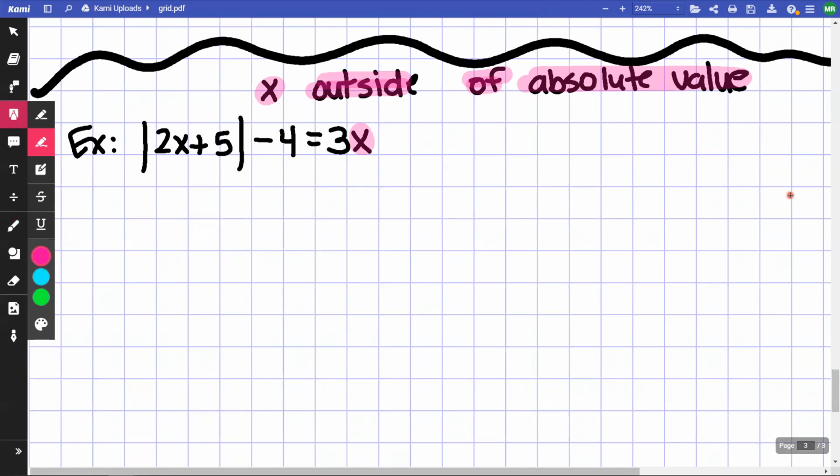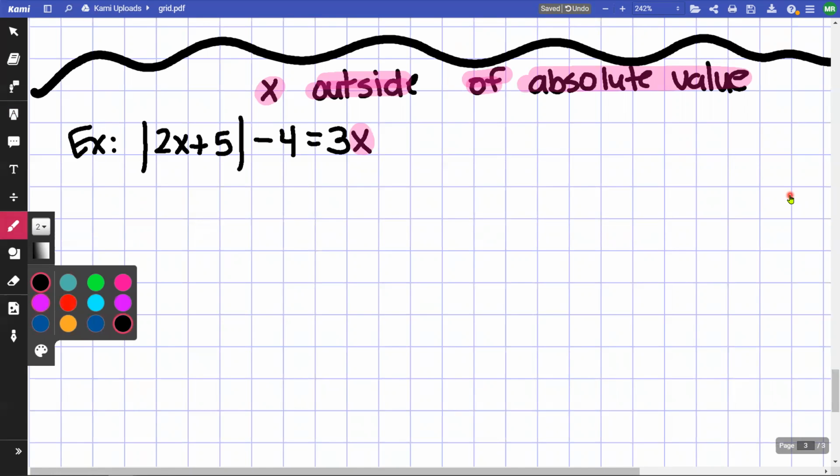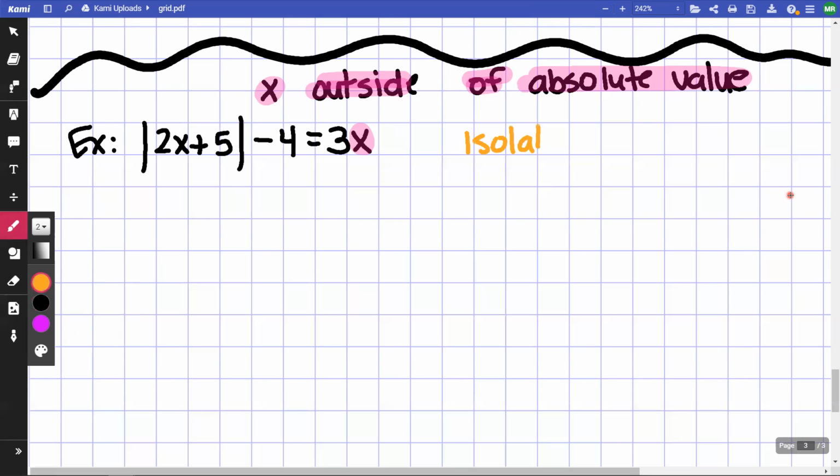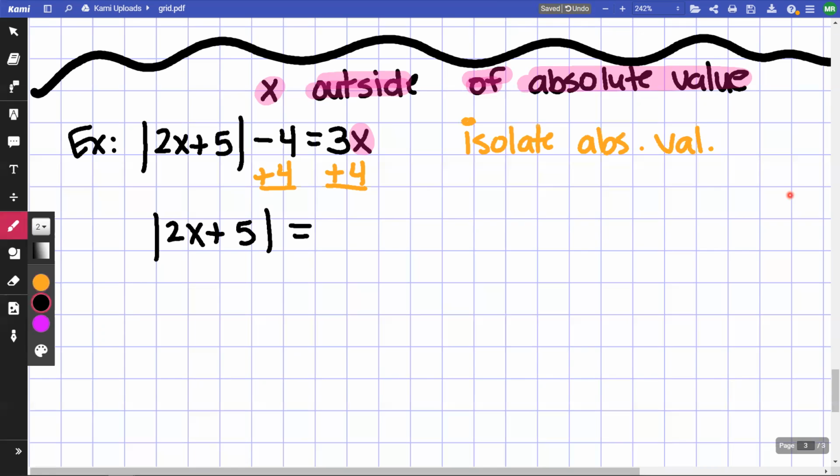So I'm still going to do what I normally would do. So first step is isolate the absolute value. So I am going to add 4 to both sides. When I do, I get the absolute value of 2x plus 5 is equal to 3x plus 4.